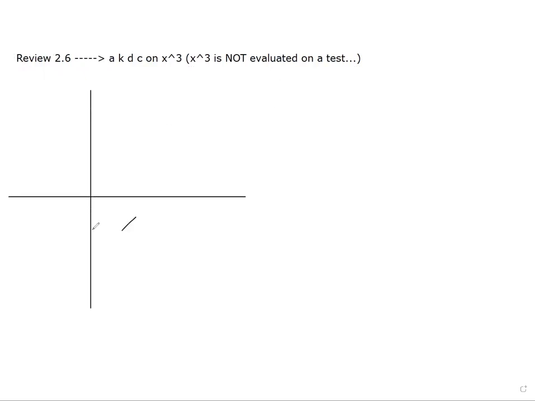X to the power of 3, my accuracy points are, and I'll write it here, 0, 0, 1, 1, and then 2, 8, because 2 times 2 times 2, that is 2 to the power of 3, x cubed. There. And then 2, 3, 4, 5, 6, 7, 8.